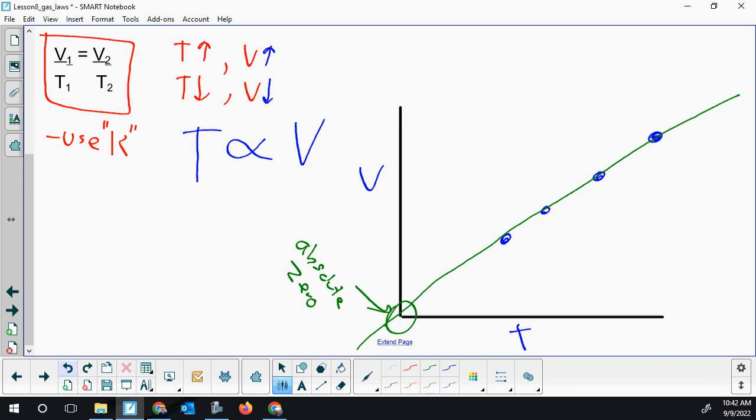If I do a Kelvin scale, it's going to go through 0. If I do a degree Celsius scale, it's going to go through minus 273, or 273.15. So directly proportional, straight line, to our graph.